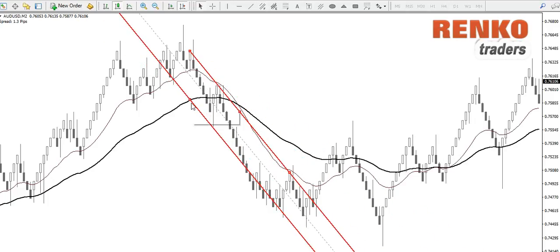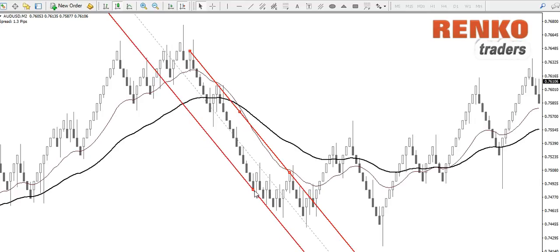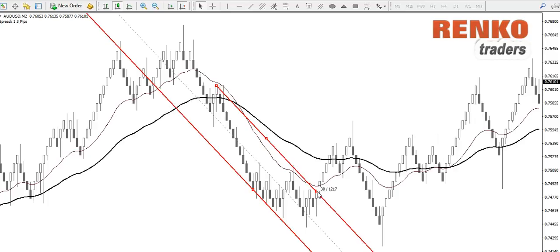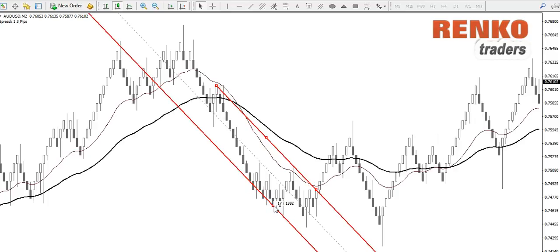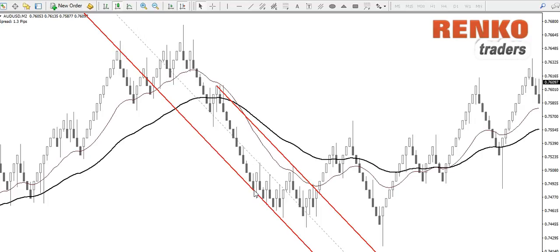You can play around with the channel a bit until you find a perfect or a more meaningful setup that's formed. Okay, this looks fine. And once you have your price channel that is in the same direction as the trend, you then wait for a breakout and then trade these counter trend moves. Like as you can see, you've got this, which is a counter trend move against a longer term downtrend.